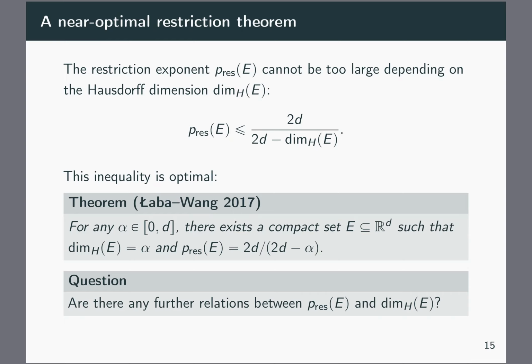And also this inequality is optimal, as Hambrook and Laba, and later Fraser, showed. Whenever you take a number alpha between 0 and d, then there exists a compact set E in R^d that has Hausdorff dimension alpha, and for which the endpoint restriction exponent is precisely this 2d over 2d minus alpha, showing that the inequality above is optimal. How did they prove it? They used some kind of Cantor set construction.